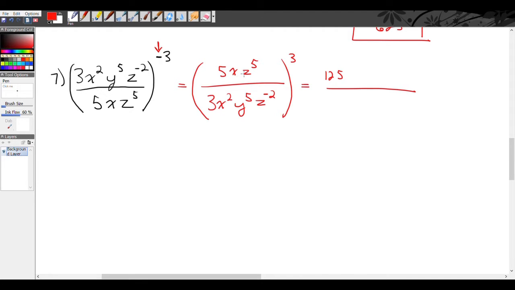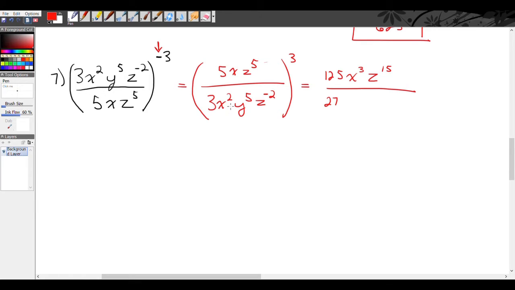Then here we have x to the third power. And here z to the 5th power raised to the third power. We multiply the exponents. 5 times 3 is 15. So this becomes z to the 15th power. On the bottom, we need to distribute the exponent of 3 to the bottom also. So here we have 3 to the third power. No, that's not 9. 3 to the third power is 3 times 3 times 3, which is 27.